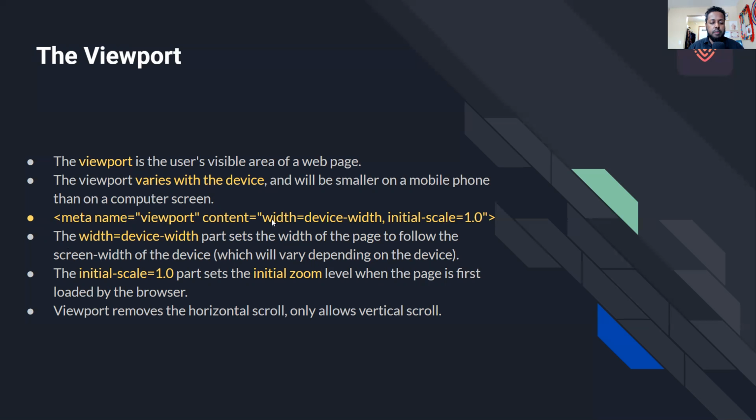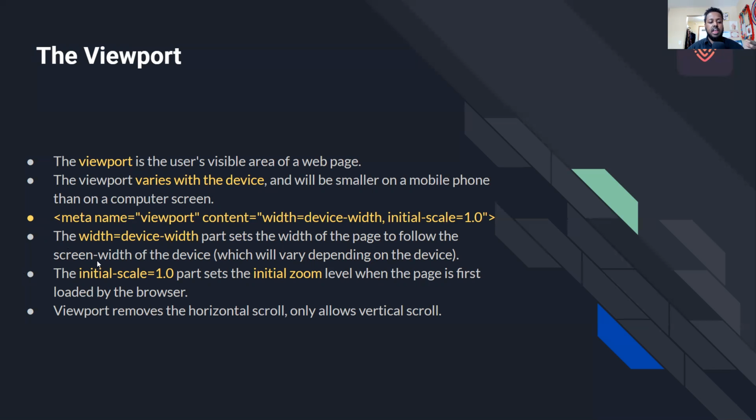The part where it says width equals device-width means it sets the width of the page to follow the screen width of the device. So every time the device changes, let's say from mobile to computer, the page adjusts and changes.